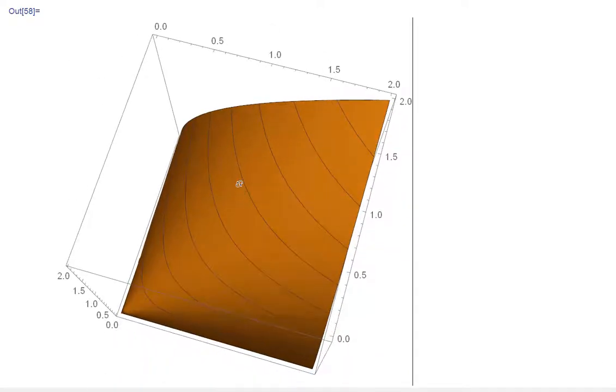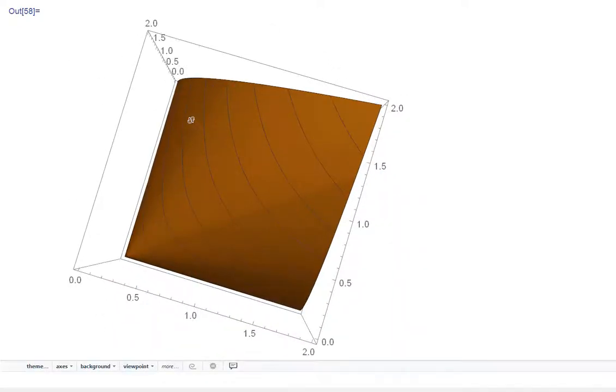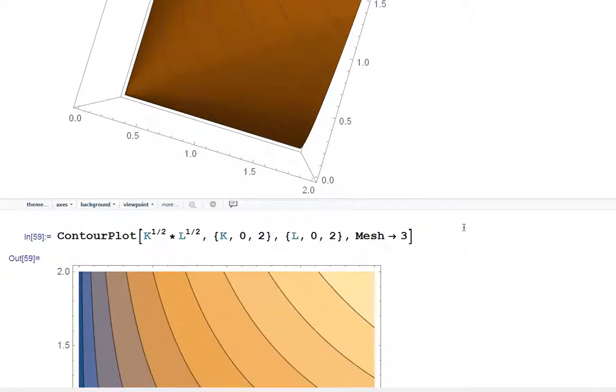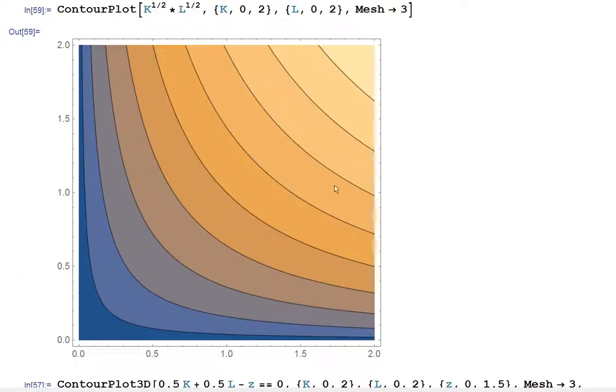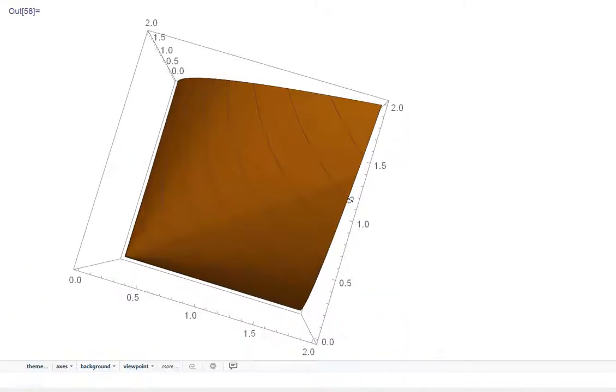Okay. Now those level sets that you can see here from above, this may be too dark for you to see, but I hope you can see it. Those level sets should be familiar to you, and this is what people draw in economics all the time. In the case of a production function, we draw isoquants. It's along those curves the production is constant, and this is exactly what we get from here.